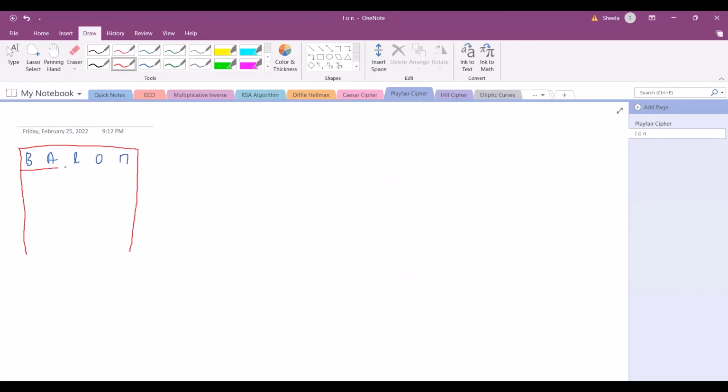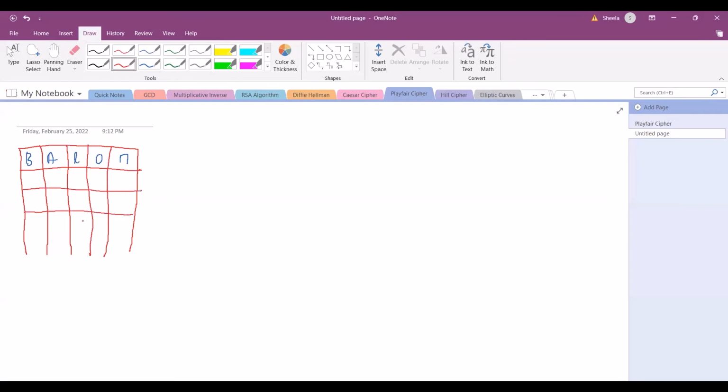So as a result, we have the key as BALLOON. The occurrence of L and O must be written only once.